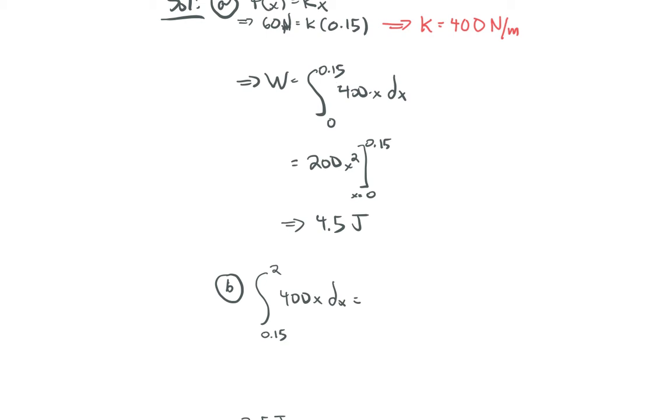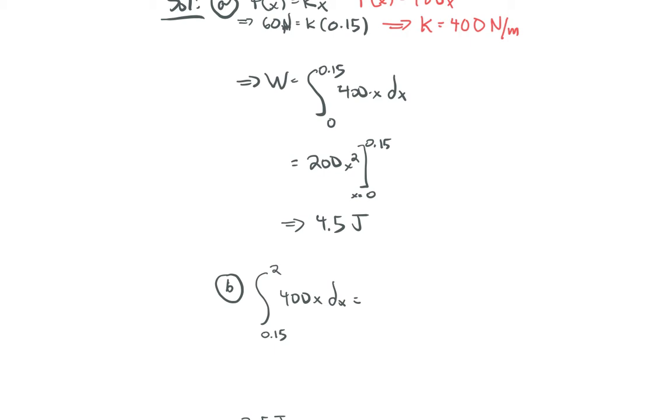So we know our force function itself is F of x equals 400x. That's what we're integrating from 0 to 15 centimeters, or 0.15 meters. And we do that via the reverse power rule, and we get 200x squared, which we want to evaluate from 0 to 0.15. Plug that in, and you find that you've done 4.5 joules of work.